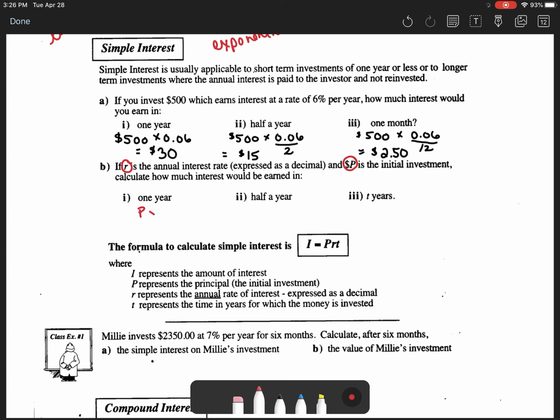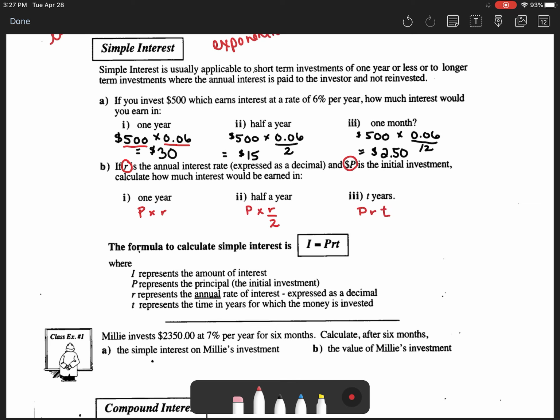Now, in general, part B says, if R is the annual interest rate expressed as a decimal and P dollars is the initial investment, calculate how much interest you would earn in 1 year. Same basic idea: P is the initial investment, and you're going to multiply it by the interest rate as a decimal, same thing you did up above. The 500 was your initial investment, and there was your interest rate as a decimal, 6% written as a decimal.